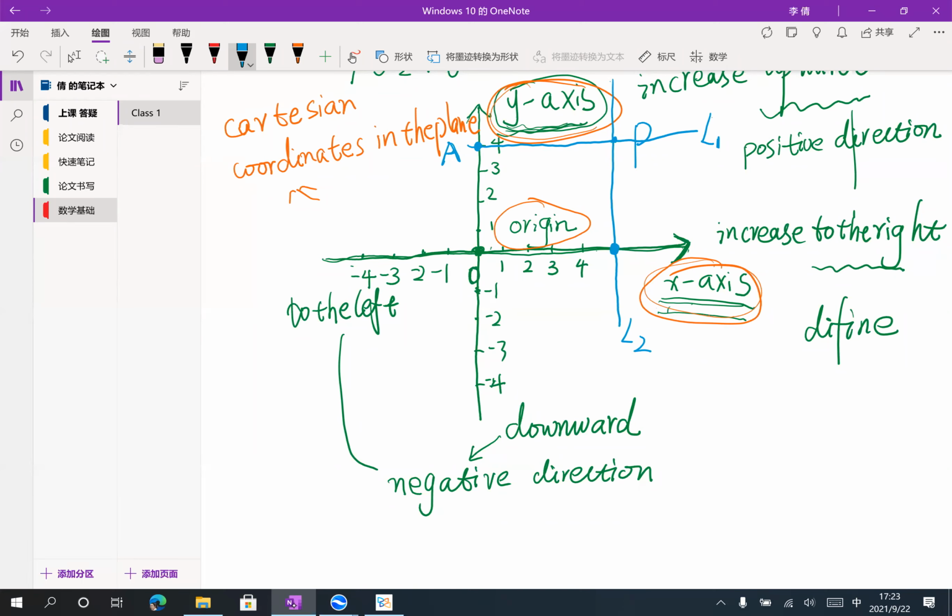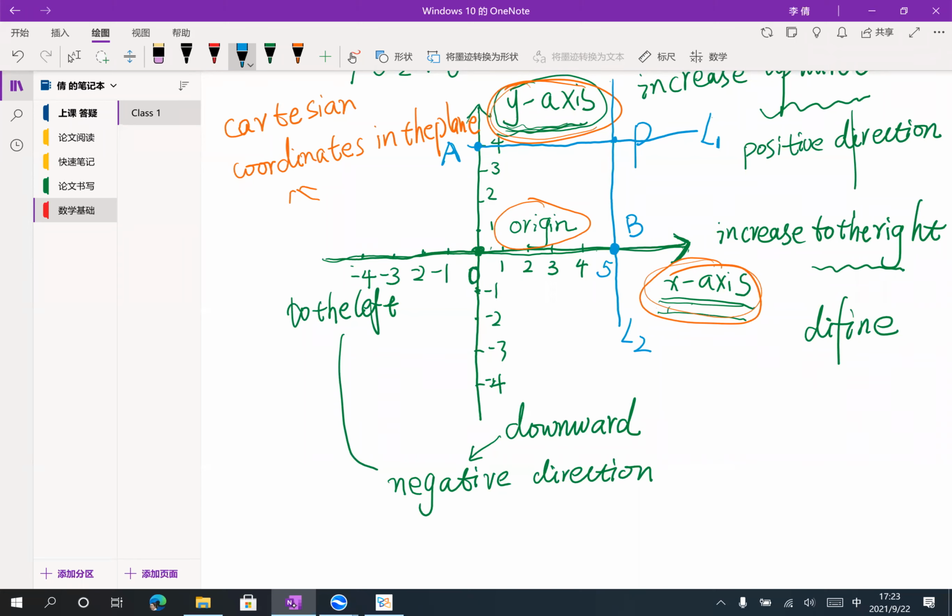We say this intersection is the point B, and this point B is on the x-axis, and this number is 5.